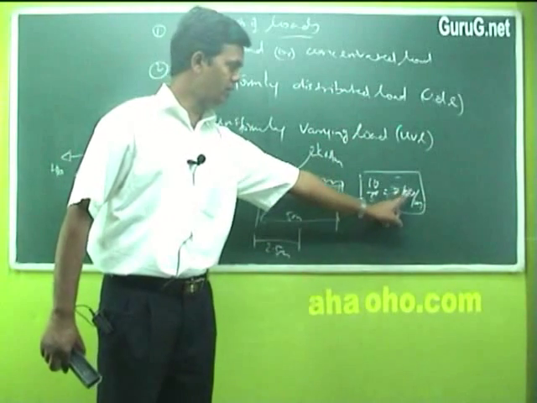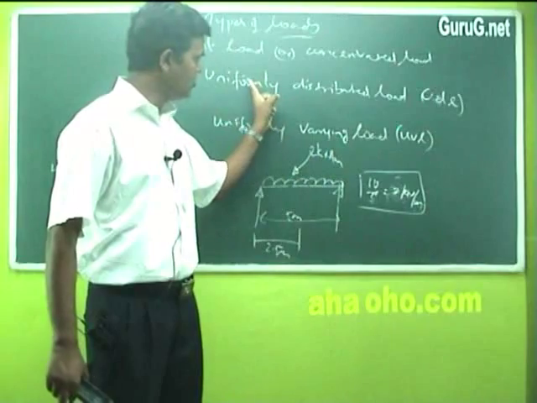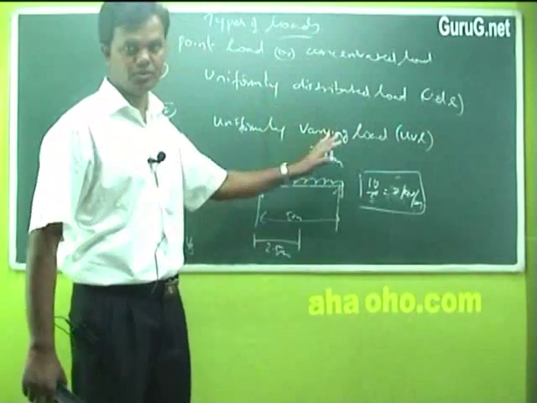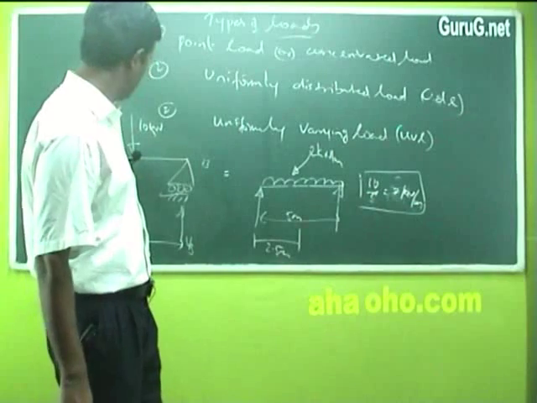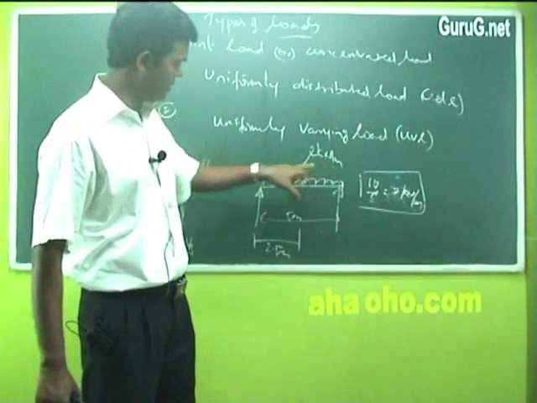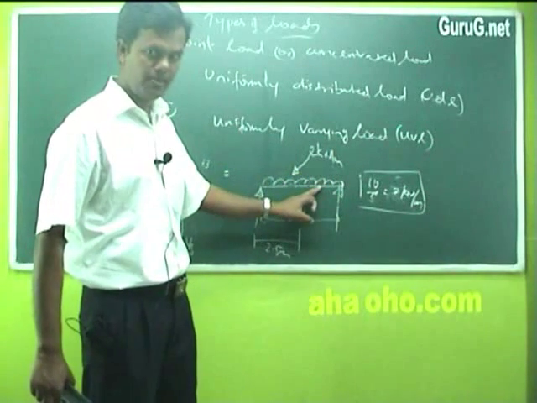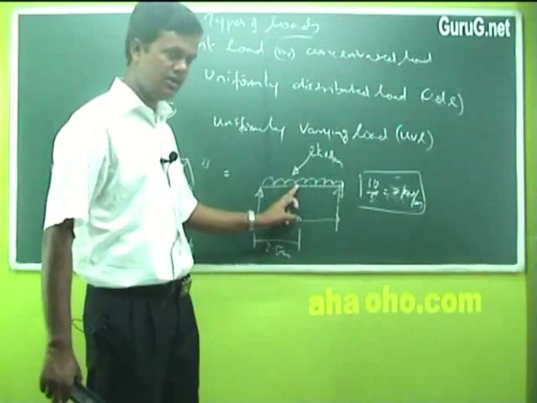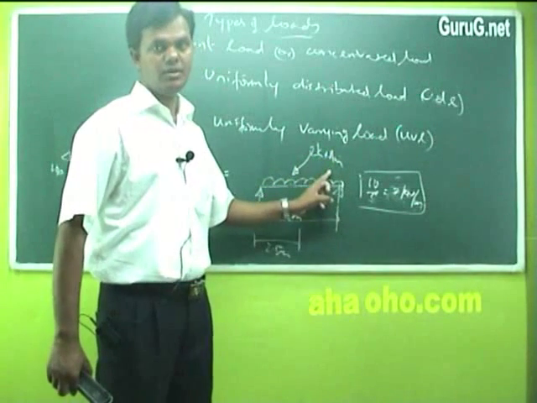So 2 kilonewton per meter is the load acting when it is taken as uniformly distributed load. These are the rules. Point load means a single point acting in any direction. Uniformly distributed load will always be shown in this fashion with this kind of arrangement, indicated with the value of 2 kilonewton per meter.